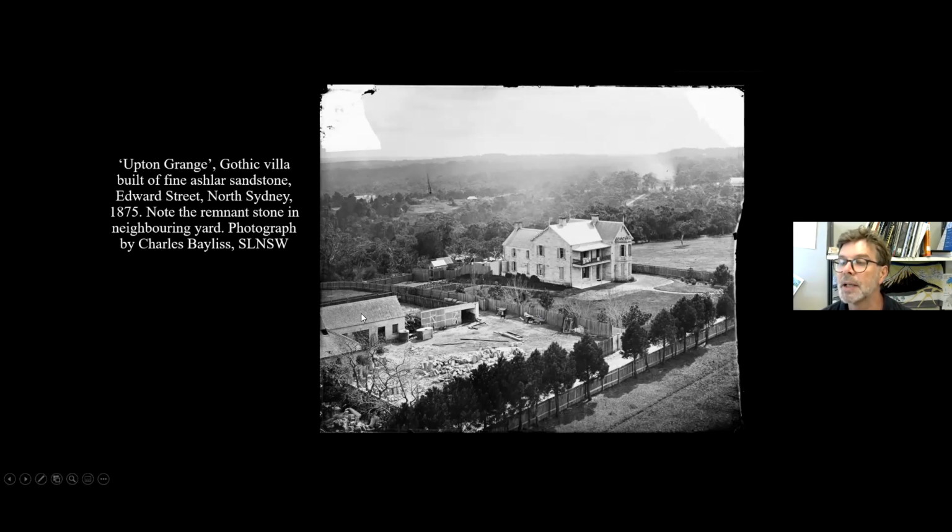Either that is a stonemason's yard or it's a temporary storage yard for stone. I have found the occasional photograph of these piles of stone clearly either having just been used to build Upton Grange, which is brand spanking new in 1875, made from what I'm taking to be local sandstone, or there is another use in mind for these blocks.